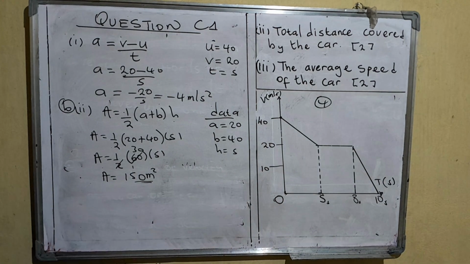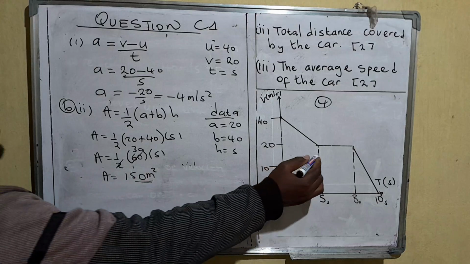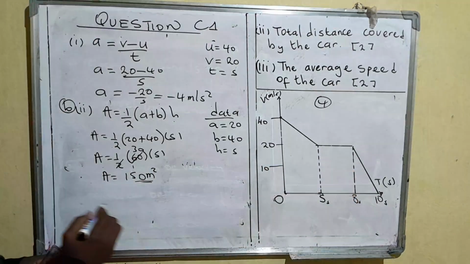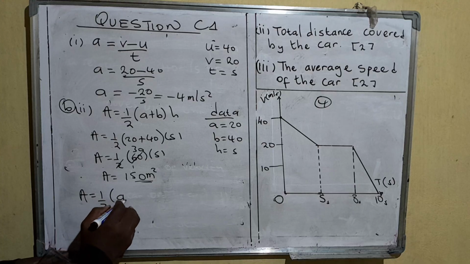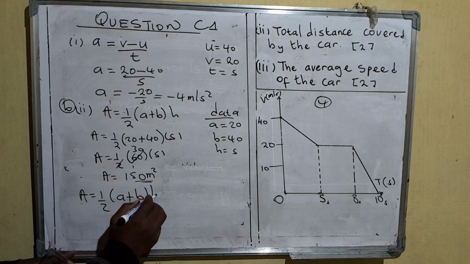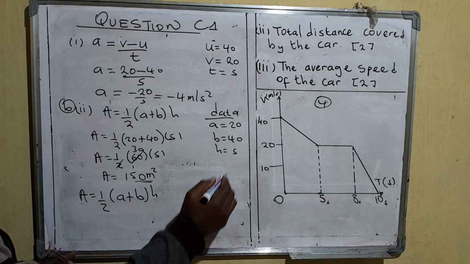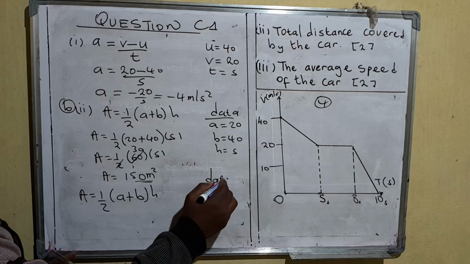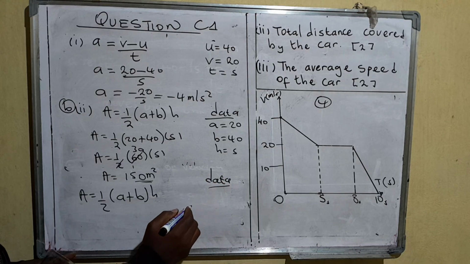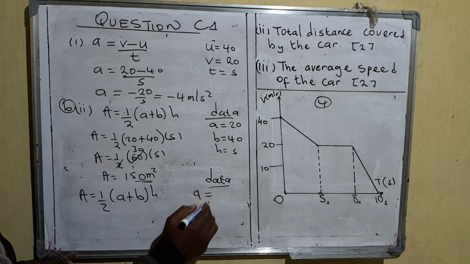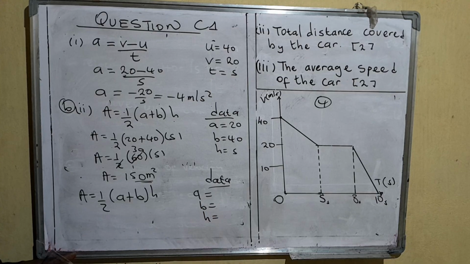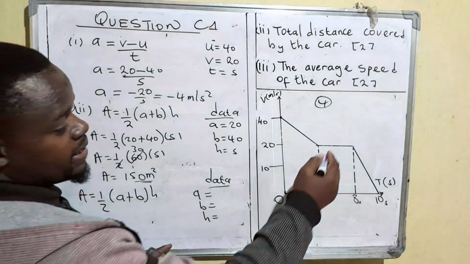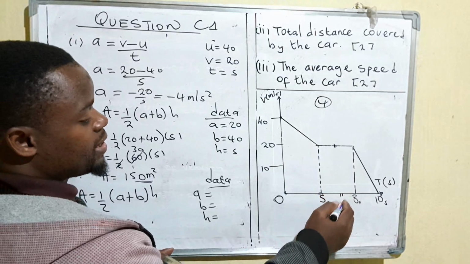So we resolve area now for this part. That will be area is equal to half (A plus B) times height. Let's collect the data. A is equal to, B is equal to, H is equal to, what's A? It's this side, right? Which is opposite this side.